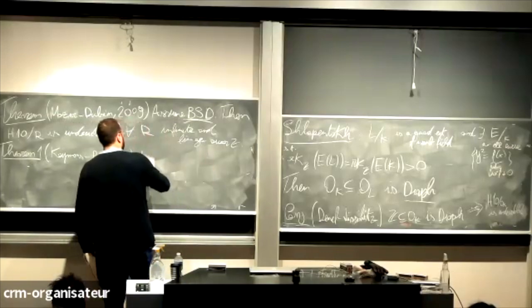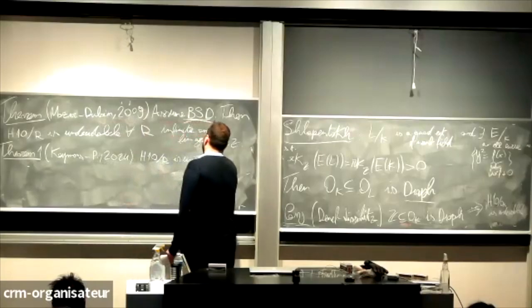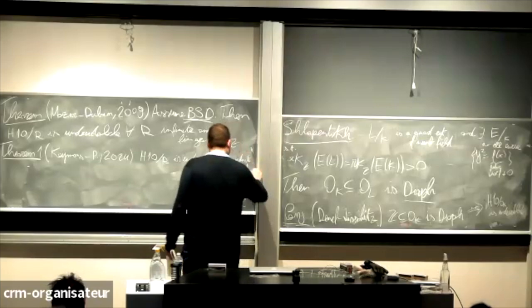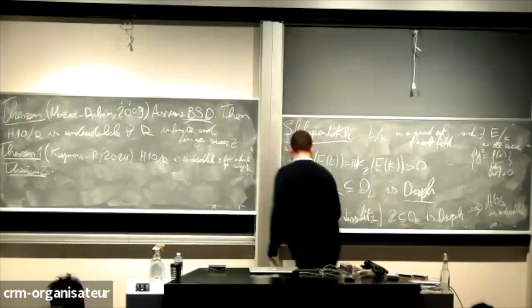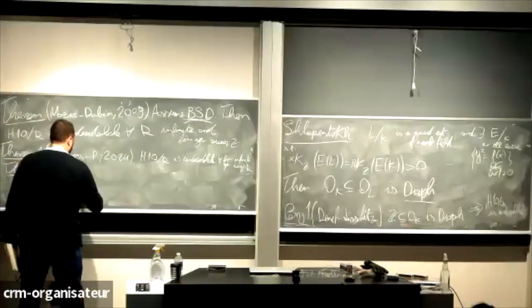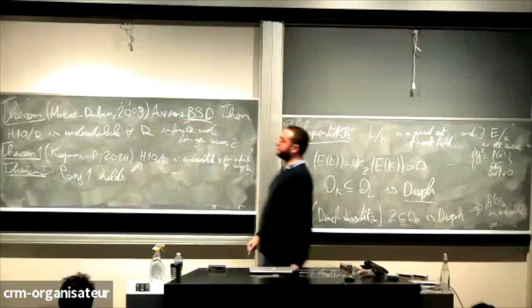So H10 is undecidable for all finitely generated infinite rings R. And theorem 2 is, let me call this conjecture 1, though there won't be conjecture 2. Conjecture 1 holds. And as explained, that's enough.